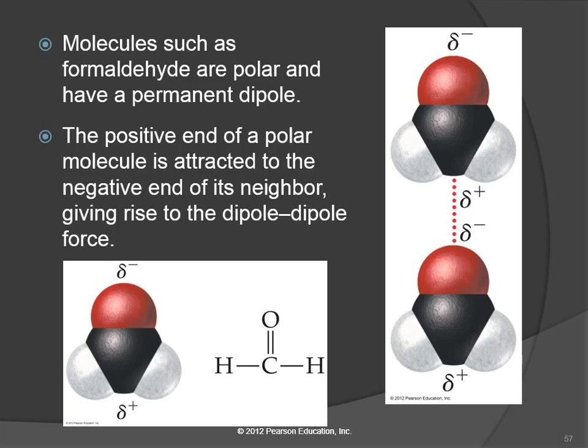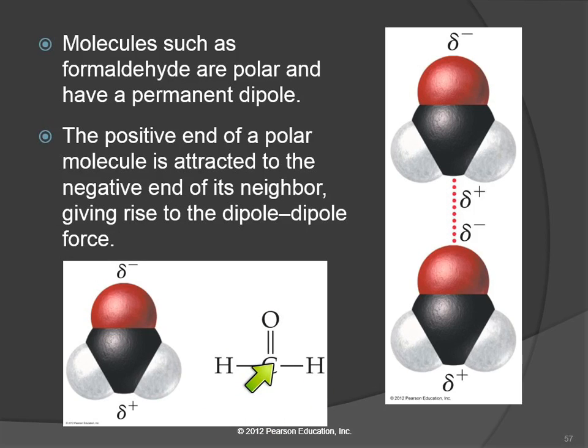This is formaldehyde. If we look at the Lewis structure for formaldehyde, we can predict that it's polar. It doesn't have any lone pairs on its central atom, but it's got 2 hydrogens and 1 oxygen. The 3 things bonded to it are not the same.